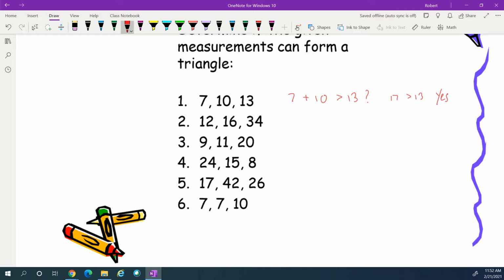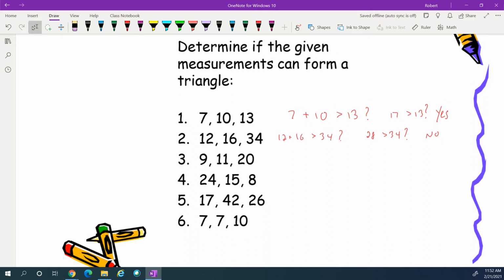So this does form a triangle. 12 plus 16, is that greater than 34? Well, 12 plus 16 is 28. Is that greater than 34? No. So that does not form a triangle.